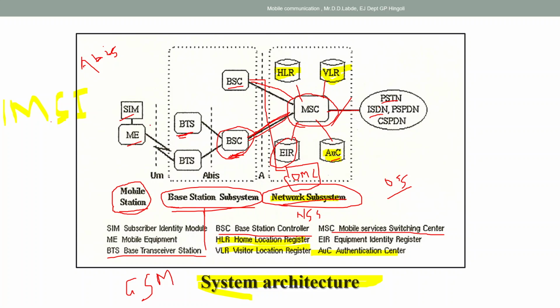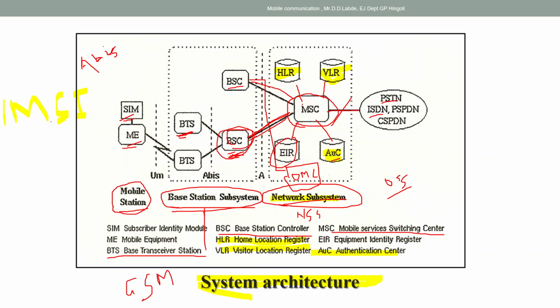SIM is the subscriber identity module. In your mobile equipment you insert a SIM, and then your mobile handset, or mobile station, is connected to the base station subsystem. The base station subsystem contains BTS and BSC. The BSC is connected with hundreds of BTS, and this BSC is then connected to the mobile switching center.